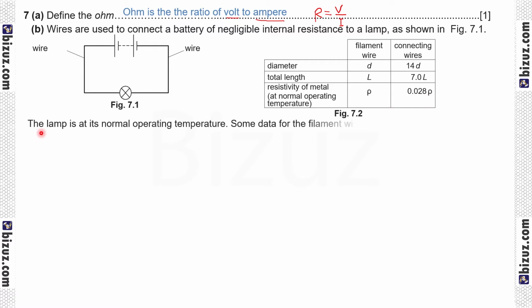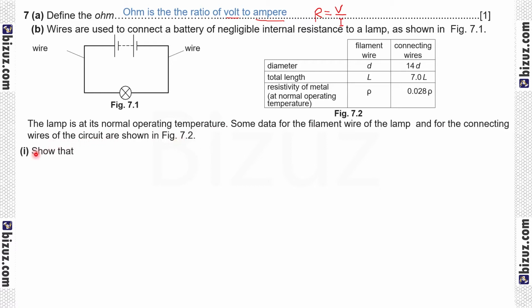Then it is mentioned that the lamp is at its normal operating temperature. That means after turning on the lamp, it works at a certain temperature. Some data for the filament wire of the lamp and the connecting wires of the circuit are shown in figure 7.2. Already I have explained it.